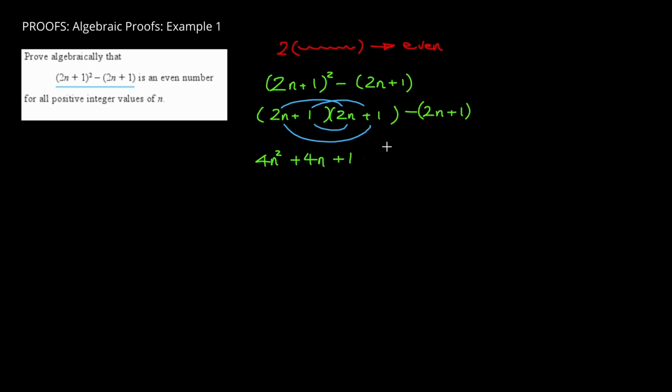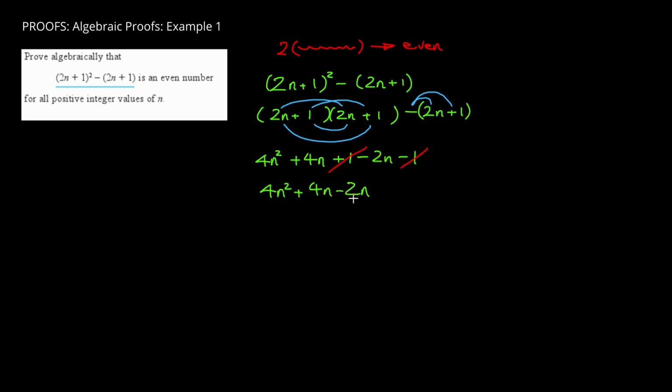Oh dear, that's odd. Okay, but now if we take this bracket apart, the negative sign controls both of the inmates of the bracket, so we get negative 2n, negative 1. Oh good, our problem disappears. So, tidying up, I've got 4n squared plus 4n minus 2n.